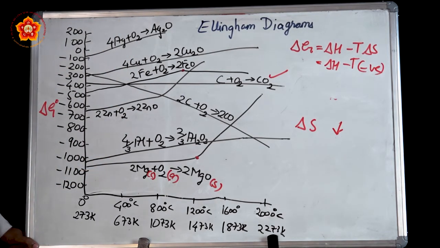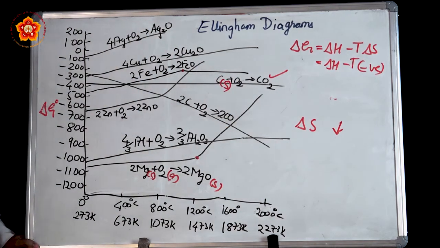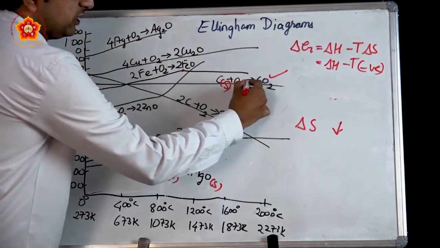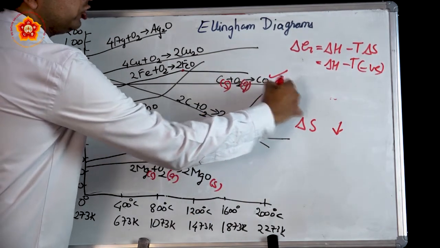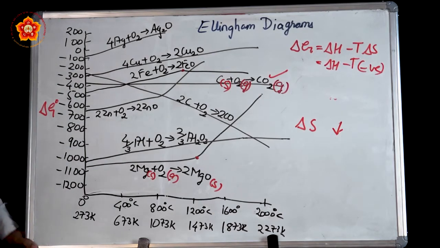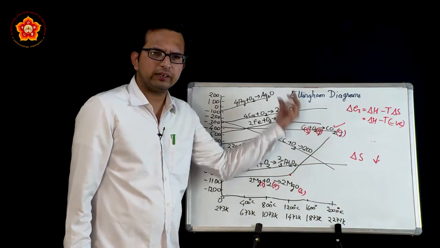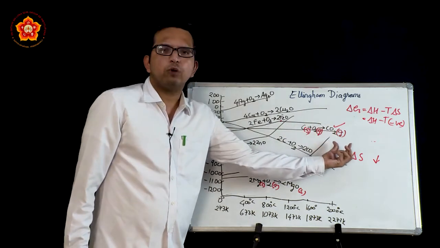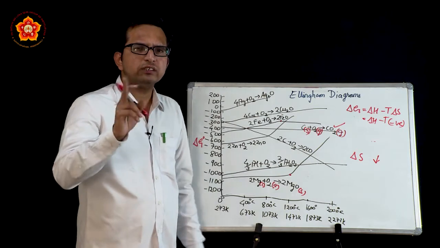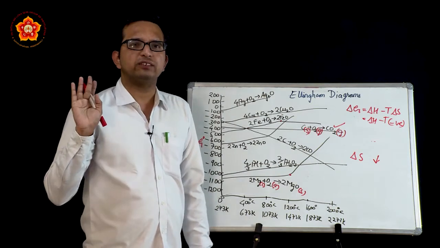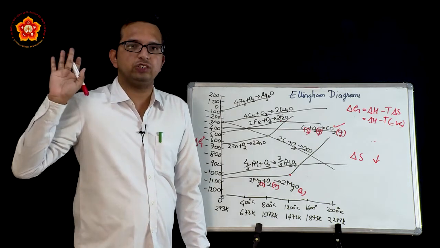This is so because carbon is solid, this actually is coke, oxygen is gaseous in nature, whereas carbon dioxide is also gaseous in nature. So what do we see in this reaction? There is one gas molecule on the reactant side and one gas molecule on the product side, which means that there are no changes in the total molecules of gases. Therefore, entropy does not change.